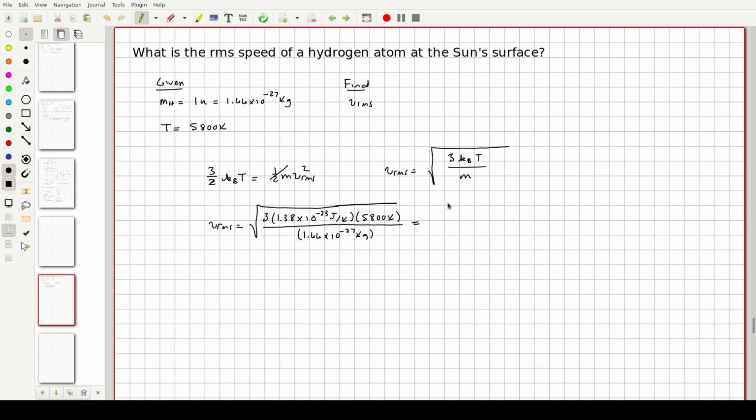So, if I solve for this, the square root of 3 times 1.38 times 10 to the minus 23rd times 5,800, and then I'm going to divide that by 1.66 times 10 to the minus 27th. I get 12,027 meters per second.